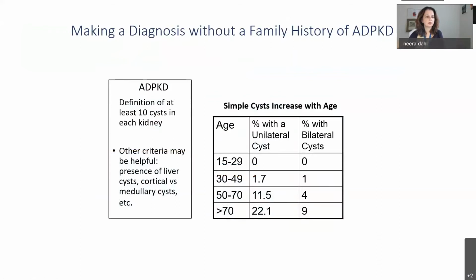So you can see in this particular chart, someone who's between the age of 50 to 70, about 10% or 12% may have one cyst and 4% may have bilateral cysts. So particularly as patients get older, the challenge becomes to decide, is this truly ADPKD, perhaps with a hypomorphic presentation, or is it someone who has simple cysts as a consequence of aging that have no clinical significance?